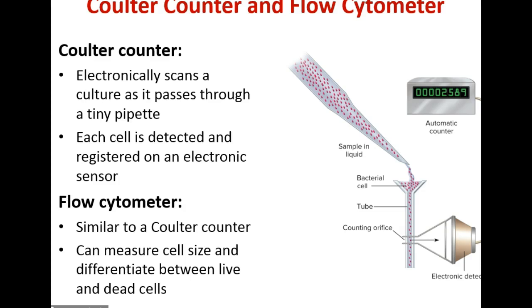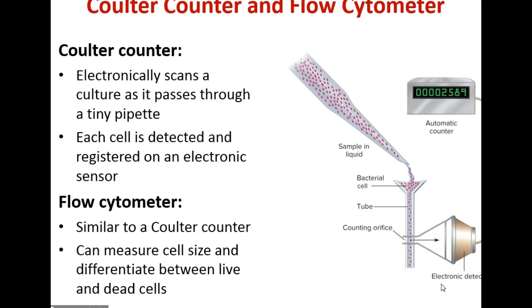A culture counter electronically scans a culture as it passes through a tiny pipette. Look at all these little microbes going through that pipette down into this electronic detector. Right there is where it's going to count them. Each cell is detected and registered on an electronic sensor.